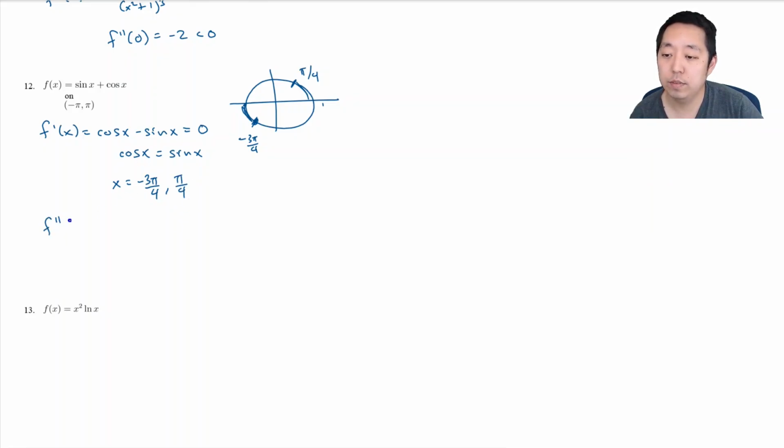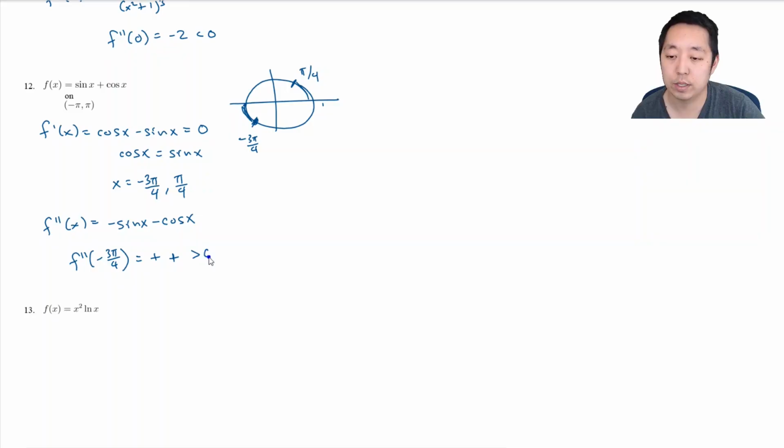The second derivative is equal to the derivative of this, which is negative sine x minus cosine x. Okay, and so when I take the second derivative at negative 3 pi over 4, sine is negative, so negative sine is a positive number, minus cosine. Cosine is also a negative number. Minus that would make it plus a number.